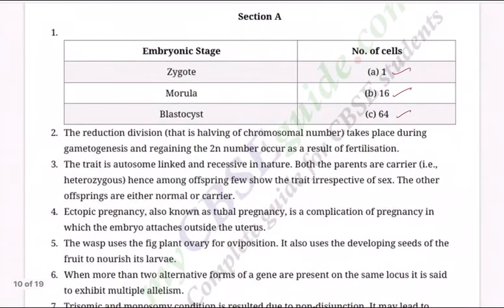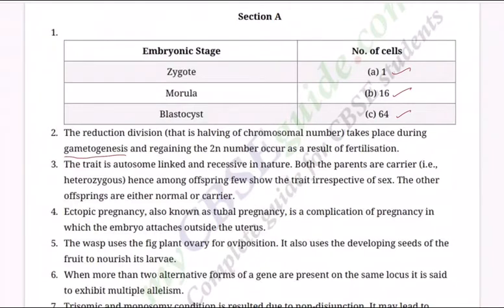Question number 2. During reproduction, the chromosome number 2n reduces to half, n, in the gametes and again resumes the original number 2n in the offspring. What are the processes through which these events take place? Answer. The reduction division, that is having chromosome number half of that, takes place during gametogenesis.